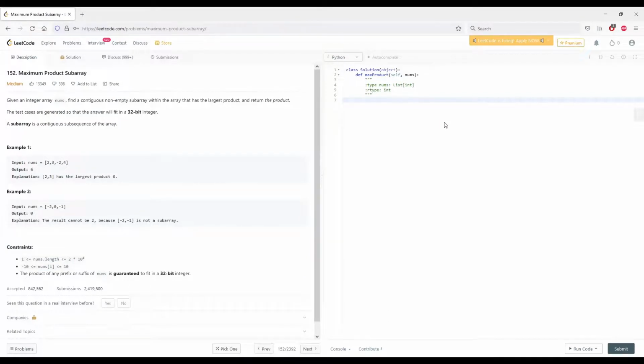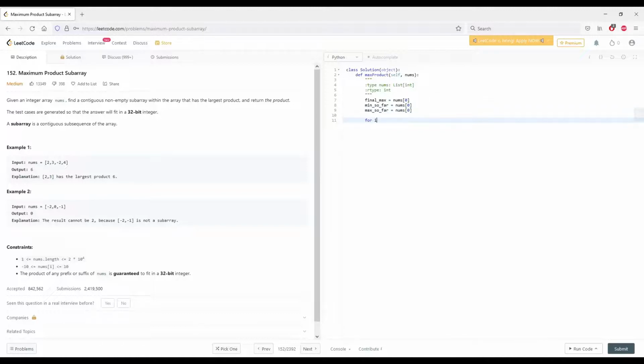So now to code this up, what I want to do is have my max variable. I'll call it final max, which is going to be nums of 0 initially, and I'm going to have my min so far variable, which is going to be nums at, again, position 0, and max so far, which is again at nums 0.